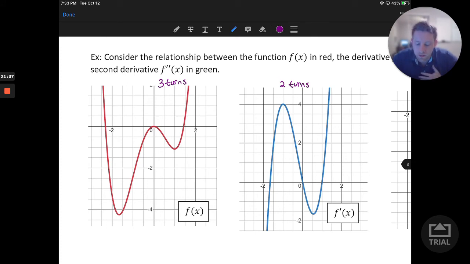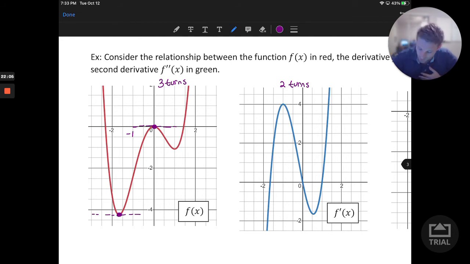But let's take a look at the critical points and describe where those would be in its derivative. So if I looked at the places on my graph f of x where I have a horizontal tangent, I would have those at 3 points. One is in between -2 and -1. So -1 is sitting right here.